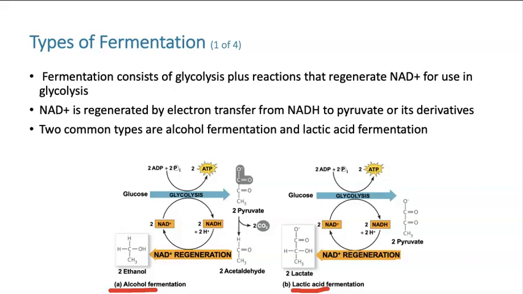Also remember that NADH would normally be used in the electron transport chain, chemiosmosis, and oxidative phosphorylation, but we don't have any oxygen around. And if there's no oxygen around, we're not going to be using up NADH anyway. So we're going to take the NADH that we made in glycolysis and turn it back into NAD+ in the process of fermentation.